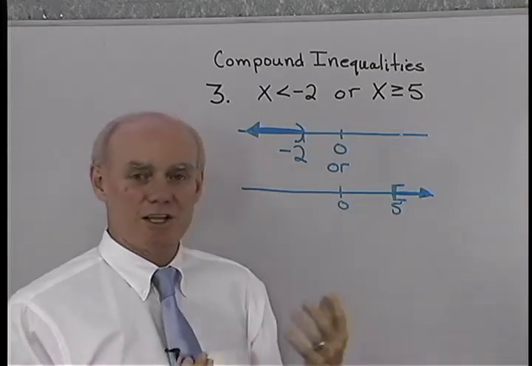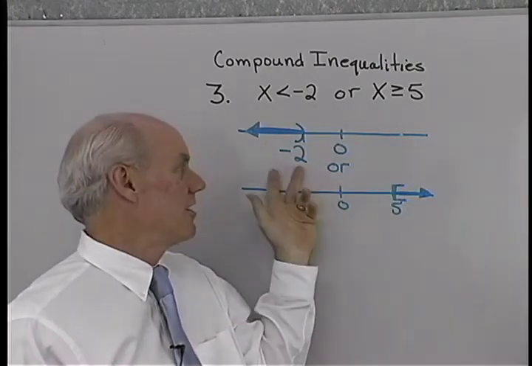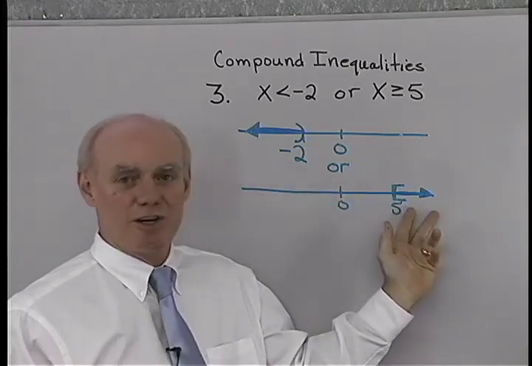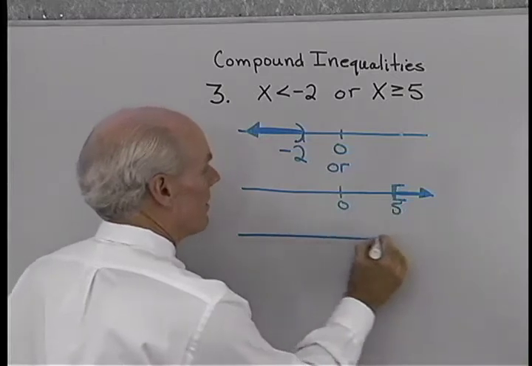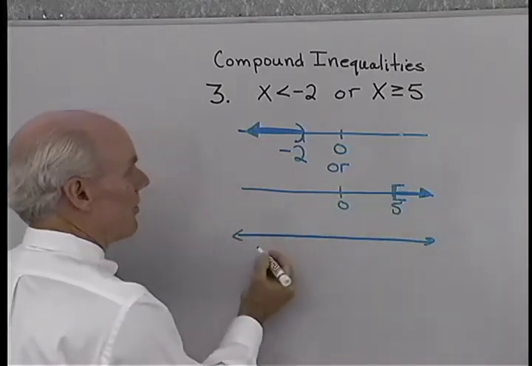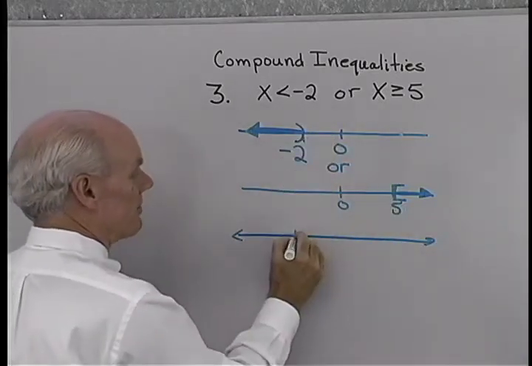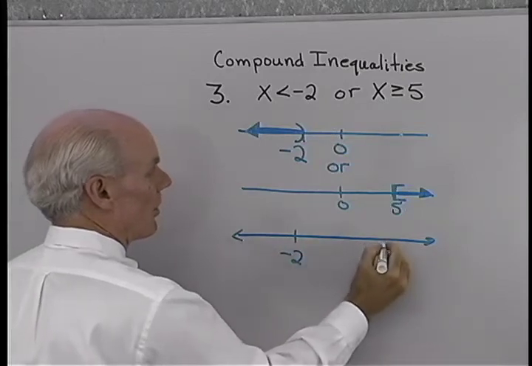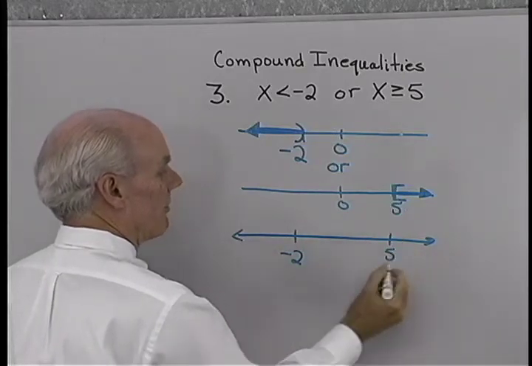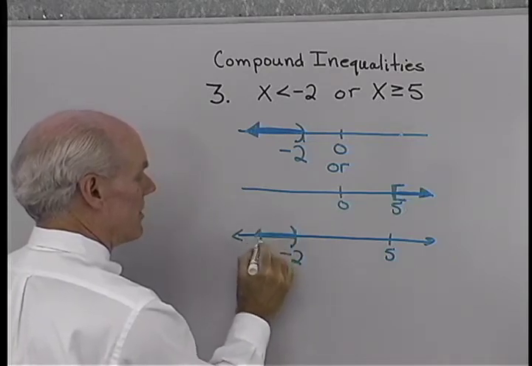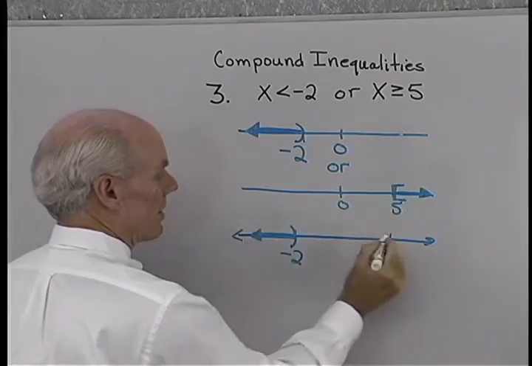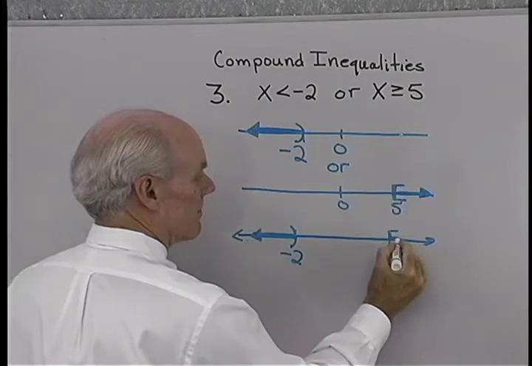So I want everything that's on either one of the graphs. So anything over here works, and anything over here works. So it's really the union of these two. I put them together. All the numbers on the number line that are either less than negative 2 or greater than or equal to 5 will look like this. It's down in this region together with the numbers up in this region.